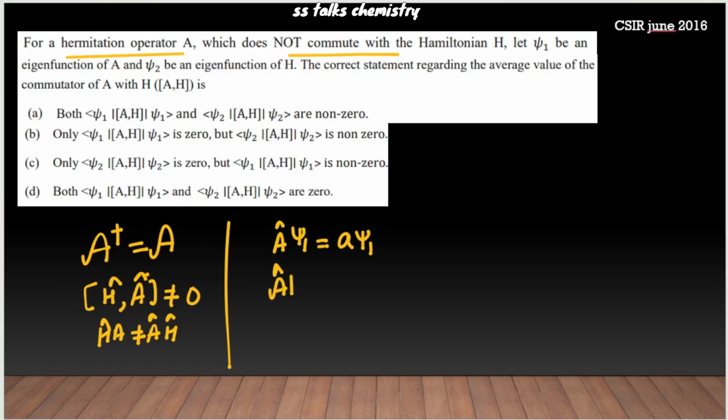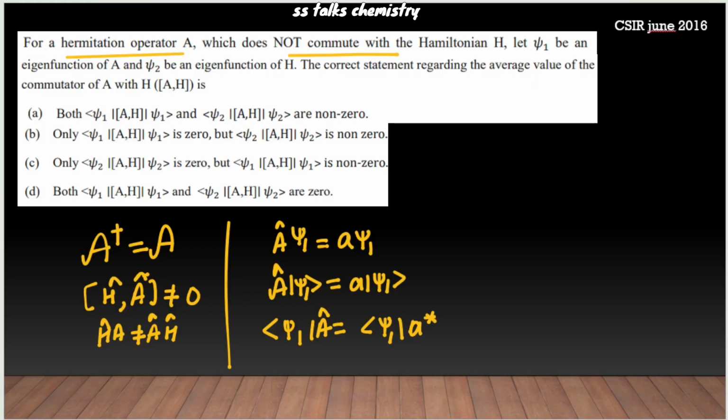This gives me A psi1, the wave function as it is. And if I consider the bra notation of it, the A operator gives me the eigenvalue, and here the A star will be there.